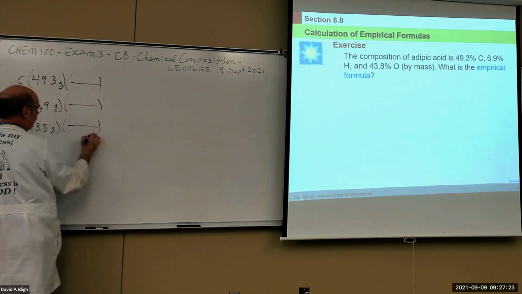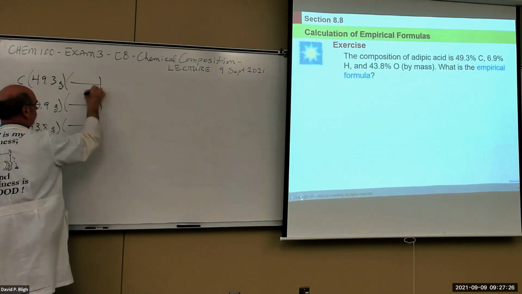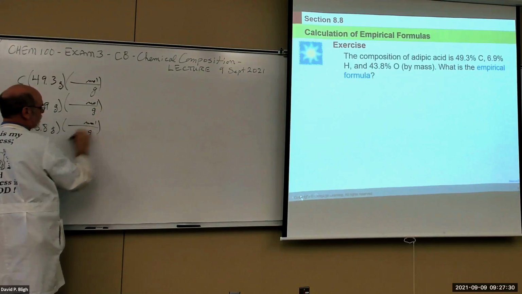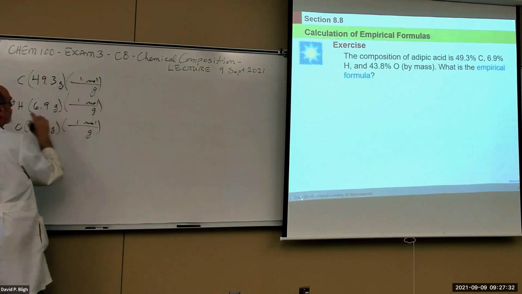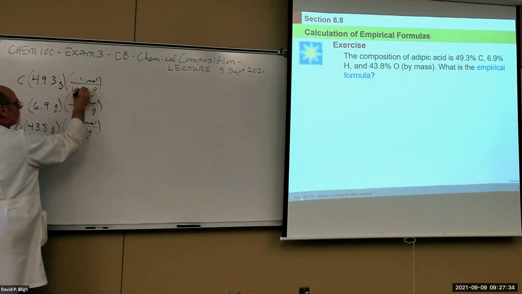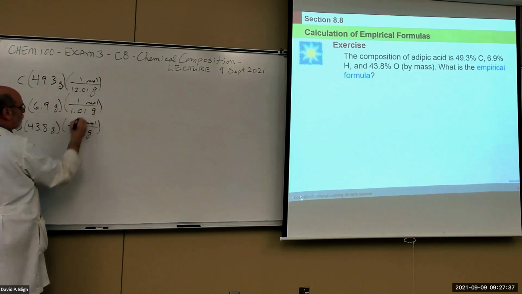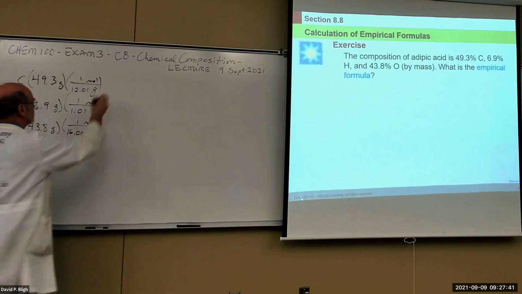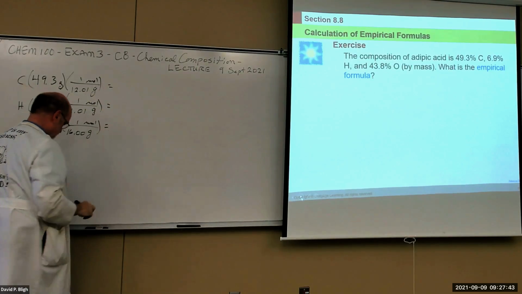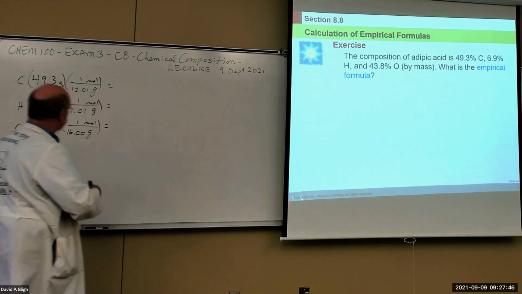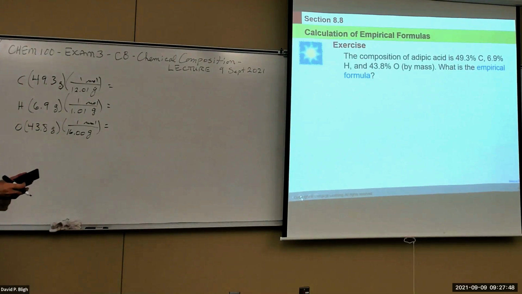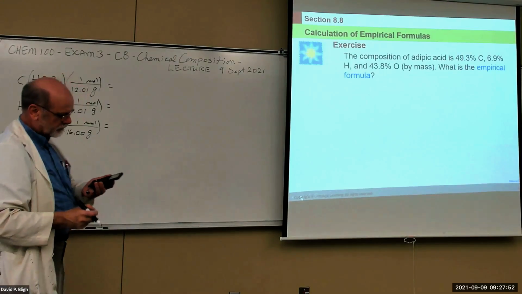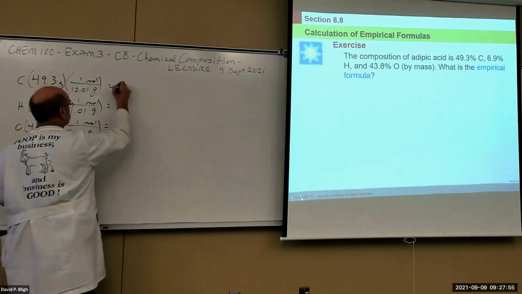Okay. There you go. Carbon is 12.01. Hydrogen is 1.01. Oxygen is 16.00. Okay. So we should be able to knock these out pretty quick. 49.3 divided by 12.01 is 4.105.